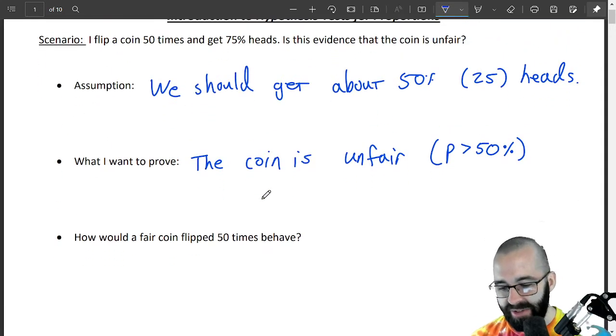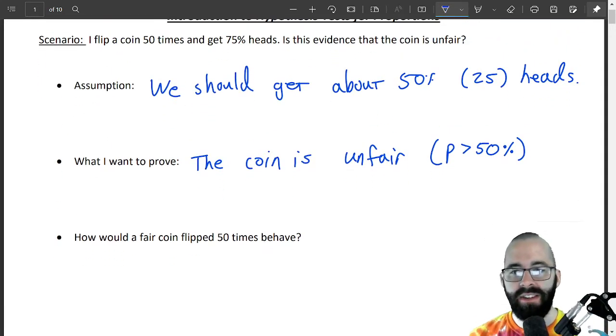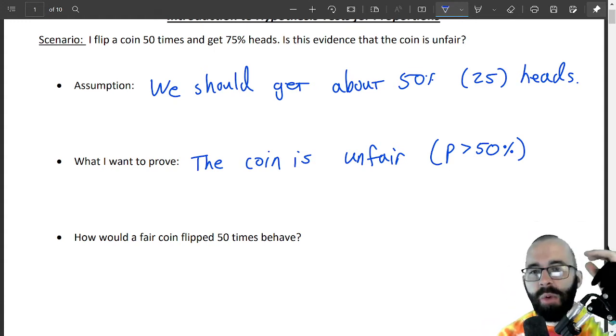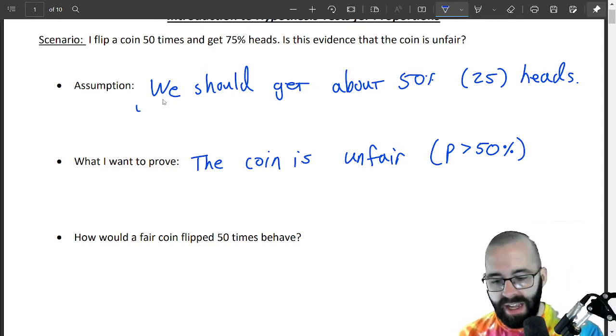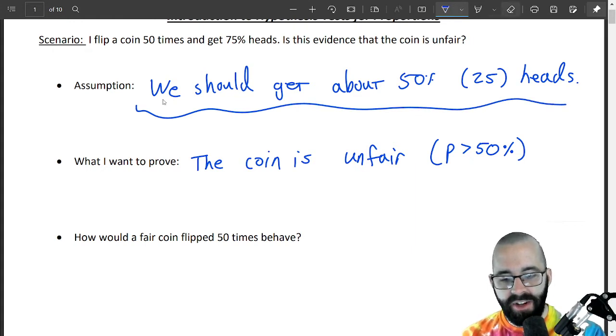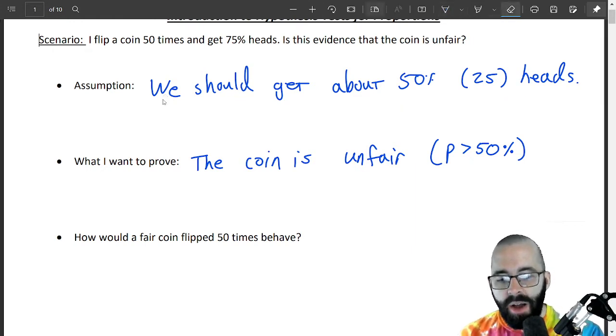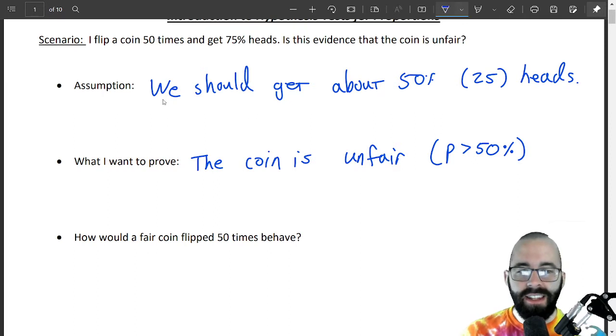How would a fair coin flipped 50 times behave? On average, there'd be 25 heads. But we know even more than that, right? So we have this from above. On average, a fair coin would be 25 heads. But at this point in statistics, we know a lot. Assume that the population proportion is 50% heads.